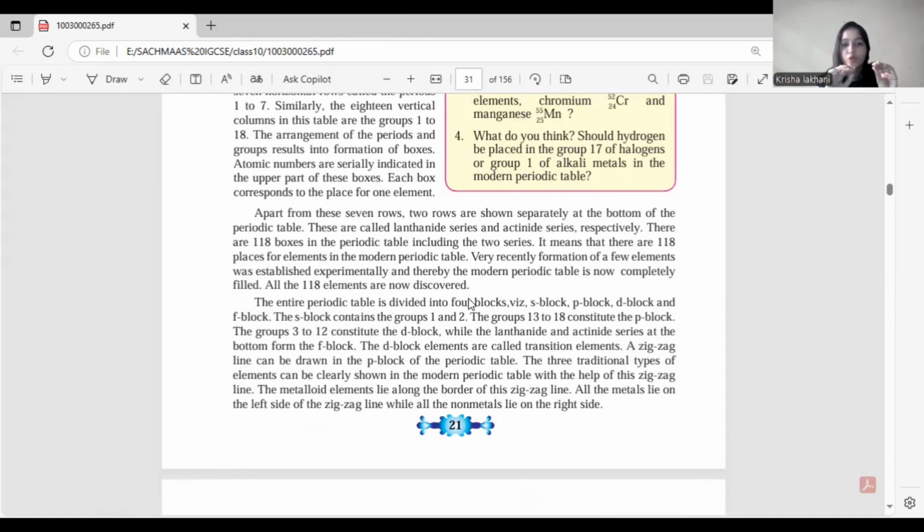Group 3 to 12 comes in the D block, D for dog. Group 13 to 18 comes in the P block. That is all the non-metals and the metals mixed, metalloids mixed over there. And the D block is the transition elements, and the lanthanide and the actinide series come in the F block.